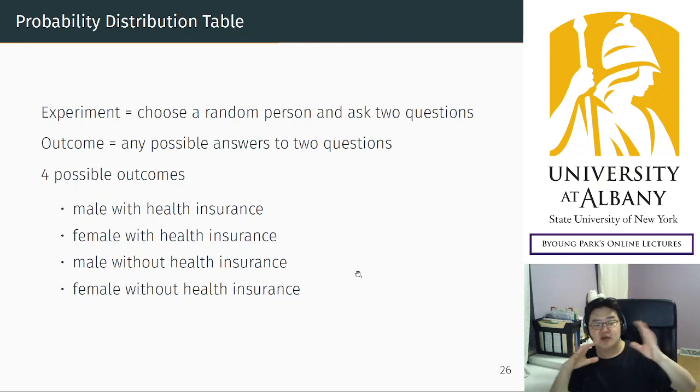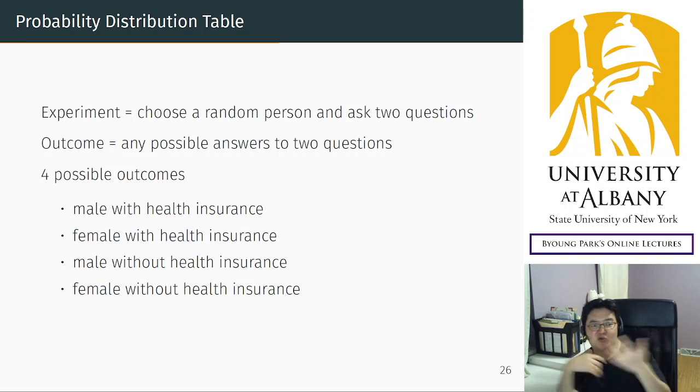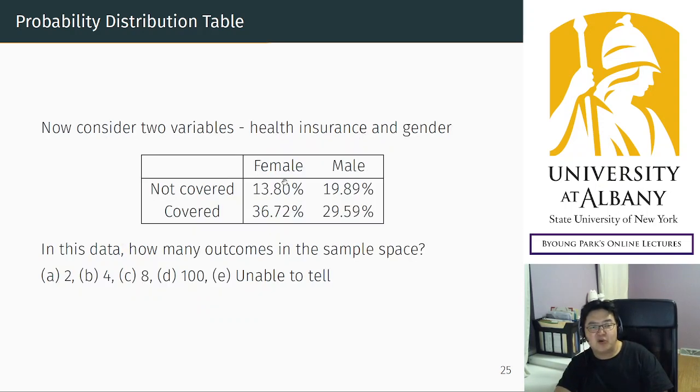So there are two questions, and each question has two possible answers. So finally, there are 2 by 2, 4 possible answers. In other words, there are 4 different types of people in this table. You can tell from this table. So the answer is 4.